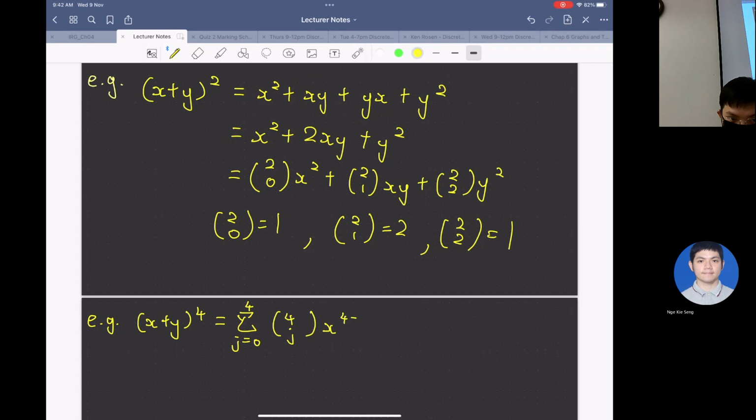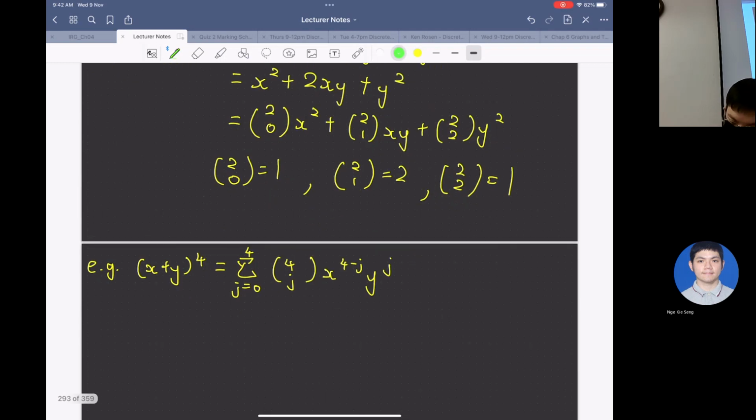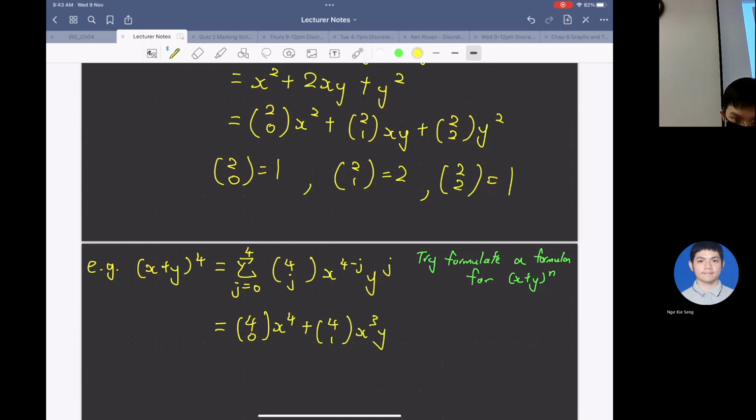From here, you should generalize to n with a formula for (x plus y) to the n. For example, if you expand (x plus y) to the 4 out, you will get (4,0)x^4 plus (4,1)x^3y plus (4,2)x^2y^2 plus (4,3)xy^3 plus (4,4)y^4.